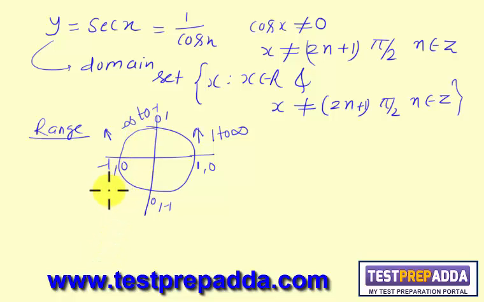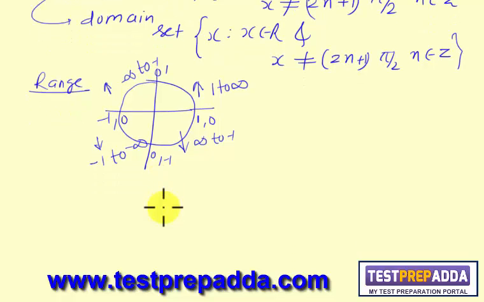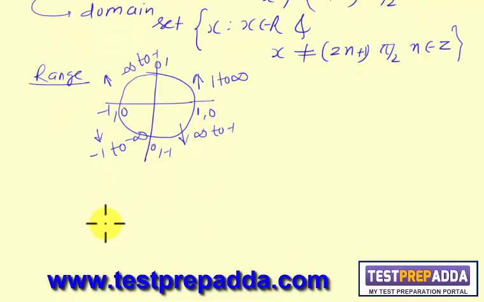In the third quadrant, it will decrease from minus 1 to minus infinity. In the fourth quadrant, it will decrease from infinity to minus 1. Now, if I convert this into graphs, it will be like this.